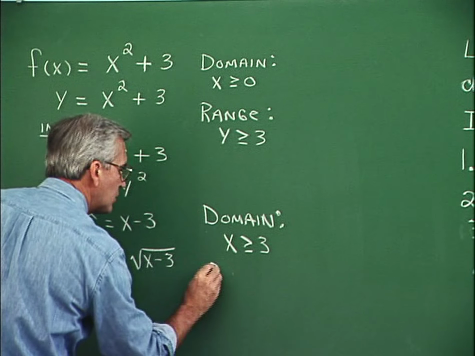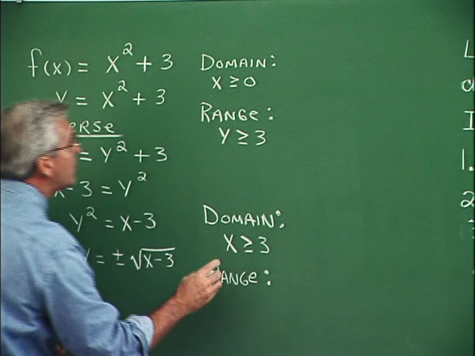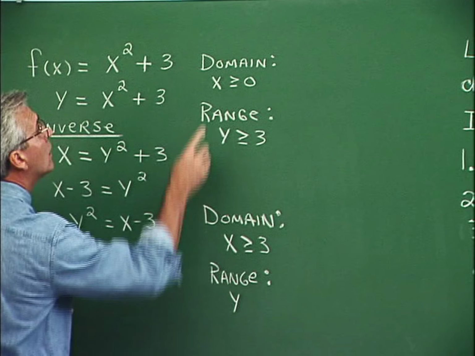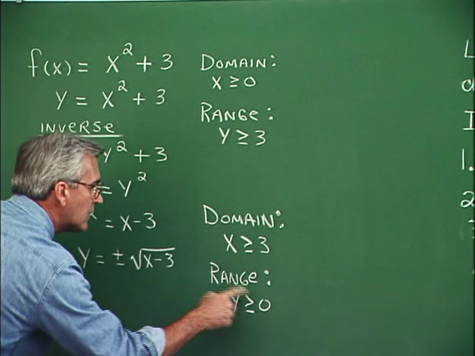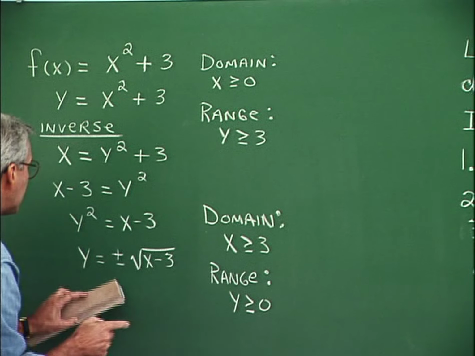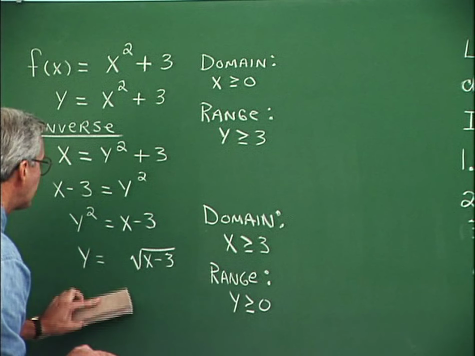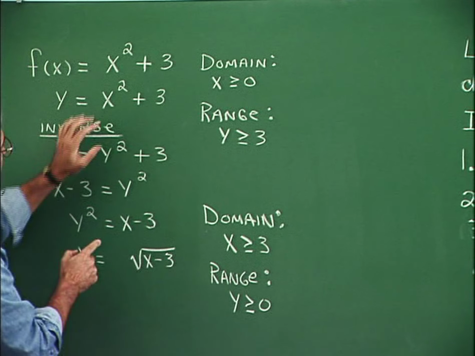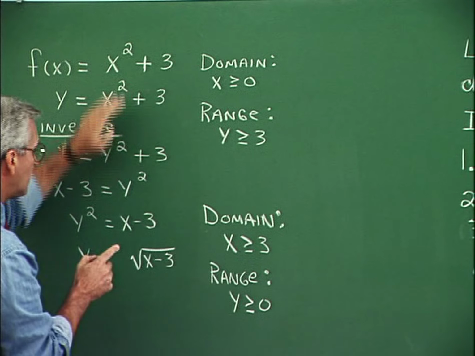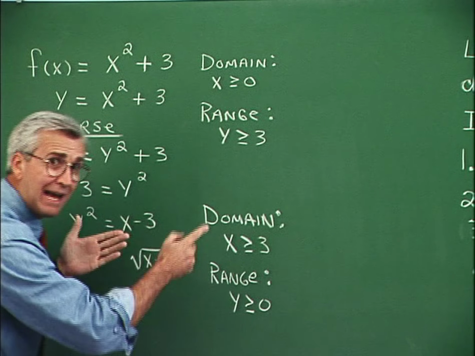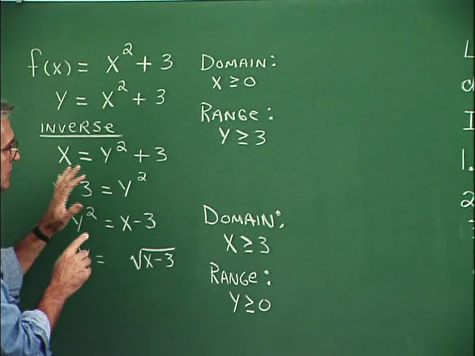And the range will be y greater than or equal to 0. And if y is greater than or equal to 0, then it means that we have this situation. So we have that single half of the parabola up here and that single half of the sideways parabola over here. So by limiting the domain, we create a situation that we're after.